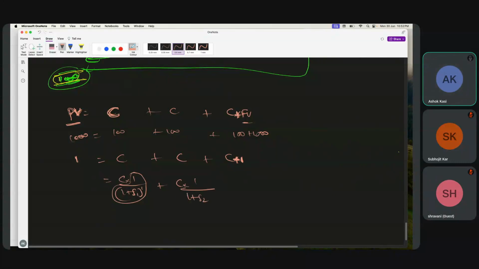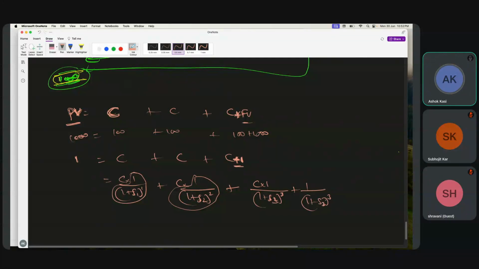This is how I will find out the present value: C into 1 by 1 plus S1, plus 1 by 1 plus S3 raised to 3, because here both are for the third year.